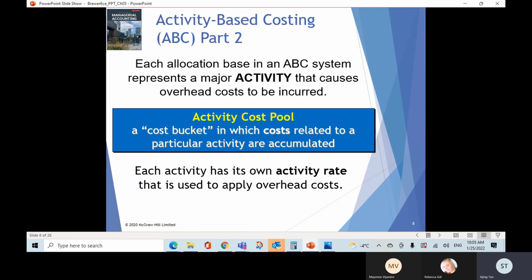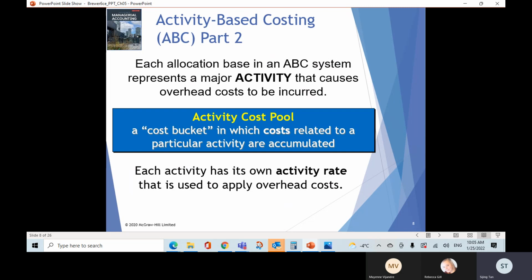The key terminology for ABC: an activity in ABC is an event that causes the consumption of overhead resources. Examples of activities include setting up machines, admitting patients to a hospital, billing customers, or opening an account at a bank. Those are all activities. An activity cost pool is a cost bucket in which costs related to a particular activity are accumulated.